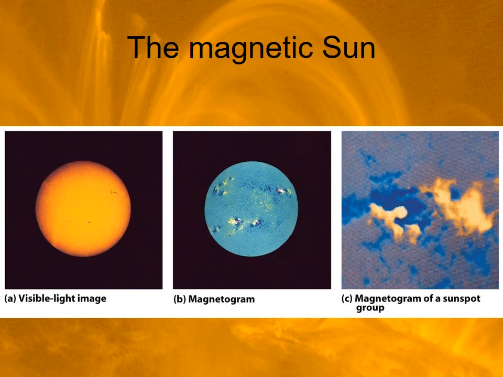So we can actually measure the magnetic fields of the sun by looking at the Zeeman effect, or the splitting of spectral lines. And that gives us what we call a magnetogram of the sun. In the left picture, that's visually what the sun looks like. In the middle, we see a magnetogram, which is a measure of the intensity of magnetic fields in the sun.